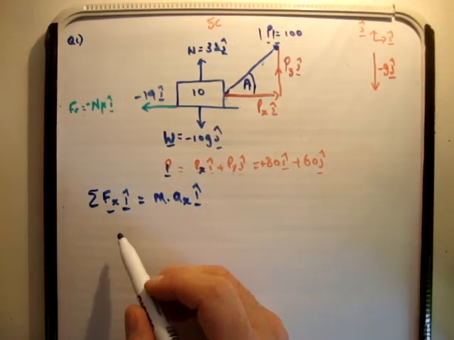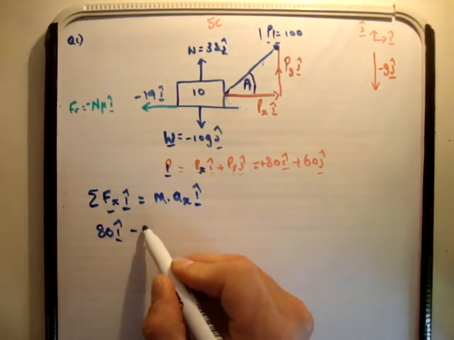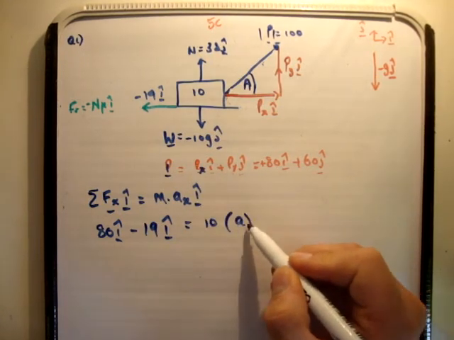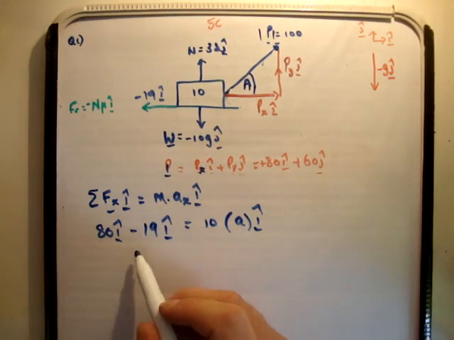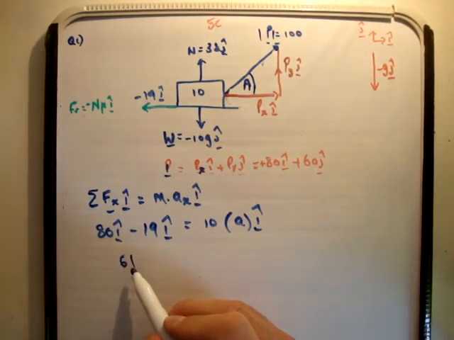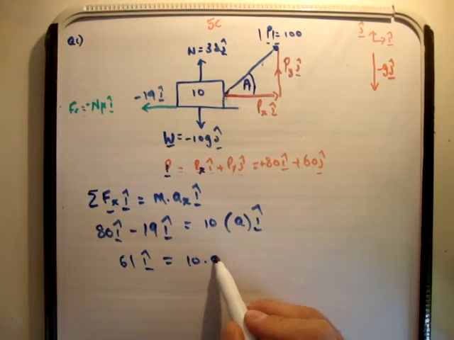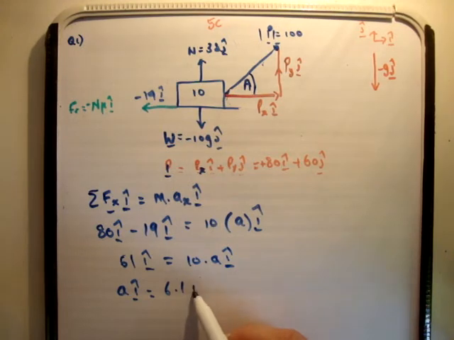So we're going to get p sub x, which was 80 i hat, negative 19 i hat, is equal to the mass, which is 10, times its acceleration in the i hat. So what's that? 61. 61 i hat is equal to 10a i hat. Therefore the acceleration in the i hat direction is equal to 6.1 i hat.